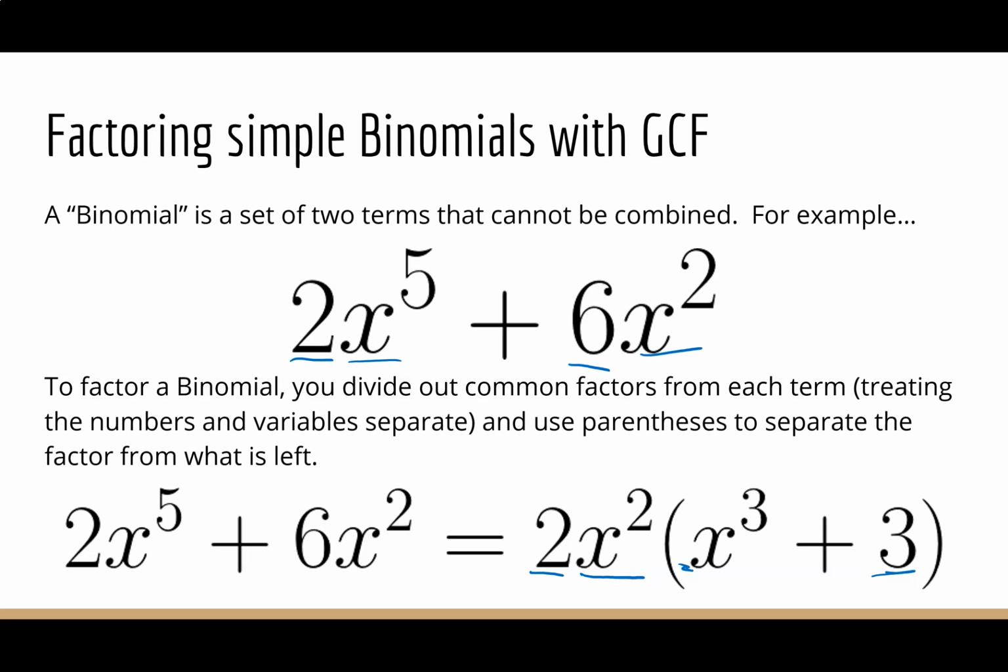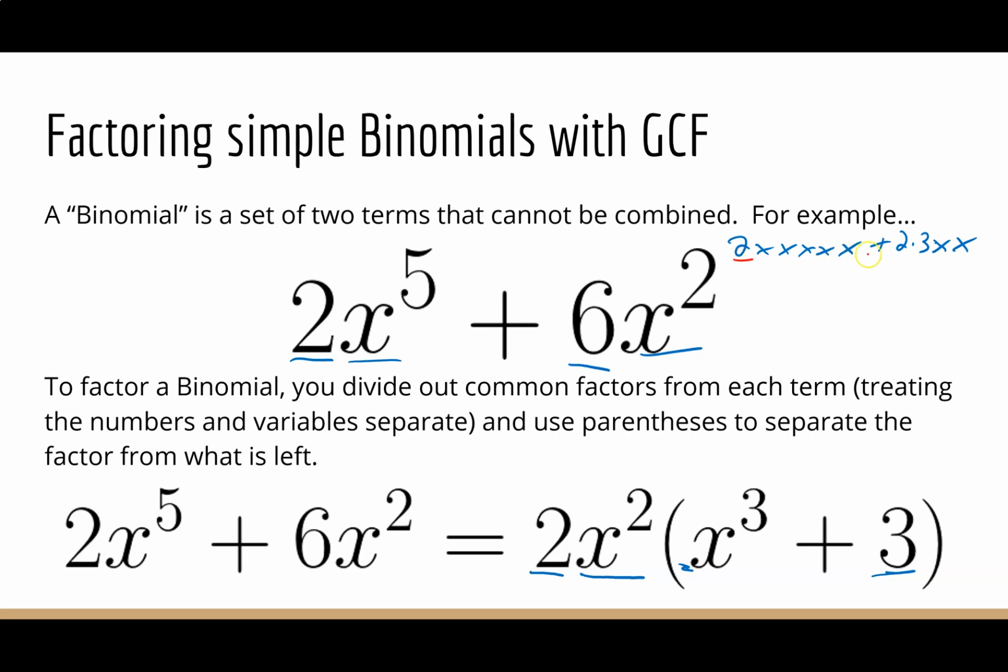Now, if you want a more visual way to do that, you can do prime factorization. That's 2xxxxx for 2x to the fifth. 6x squared would be 2 times 3 times xx. So 6 turns into 2 times 3.